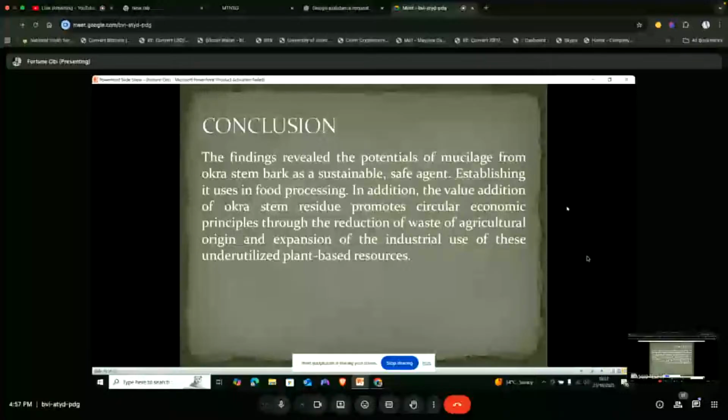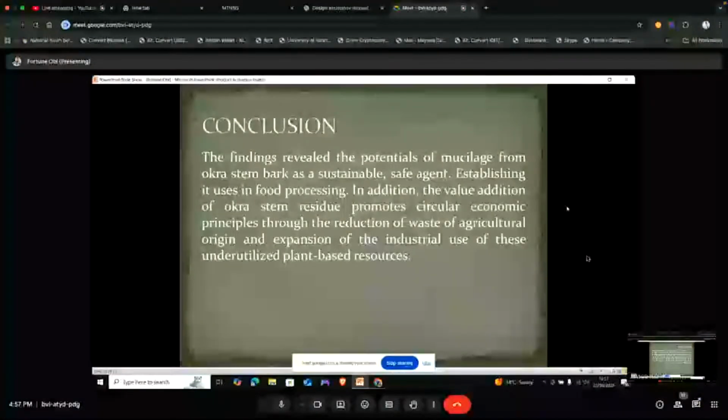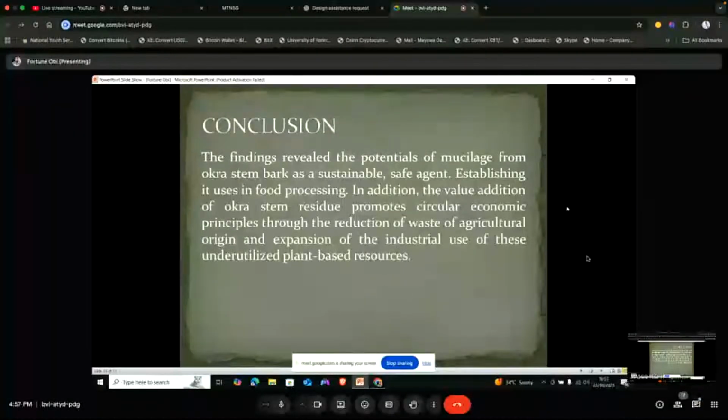In addition, the value addition of okra stem residue can promote circular economies, meaning that this okra stem bark, being filled and wasted, can be recycled into other very useful things. It also reduces agricultural waste and expands the industrial use of this underutilized plant-based resource.